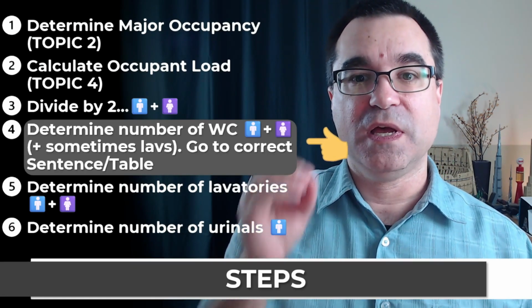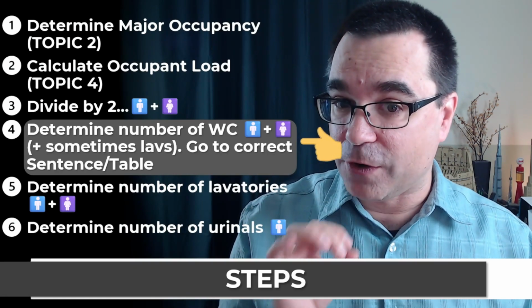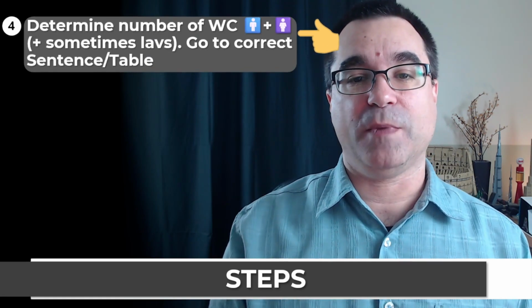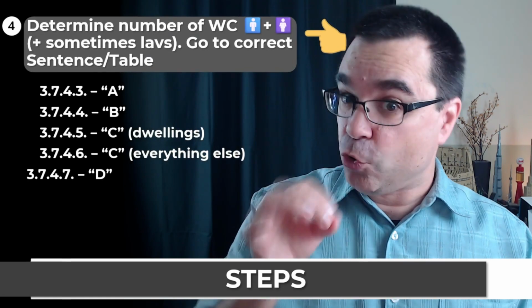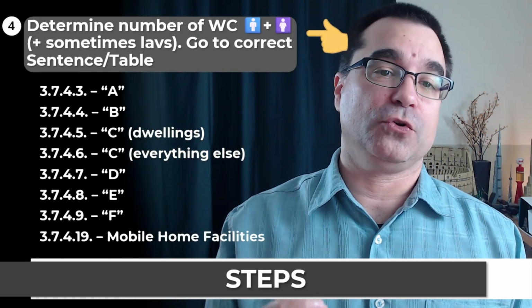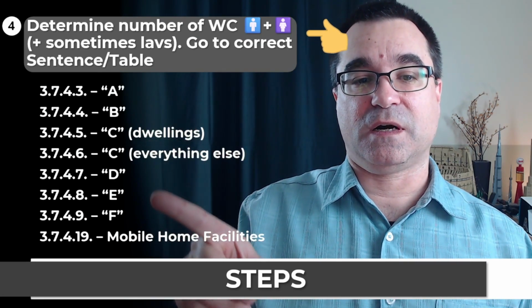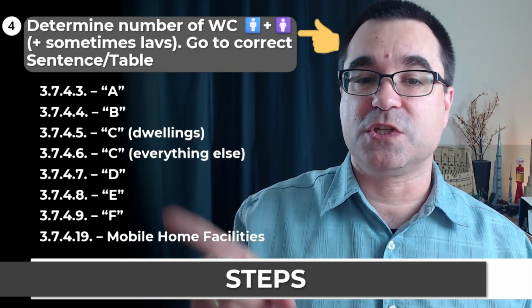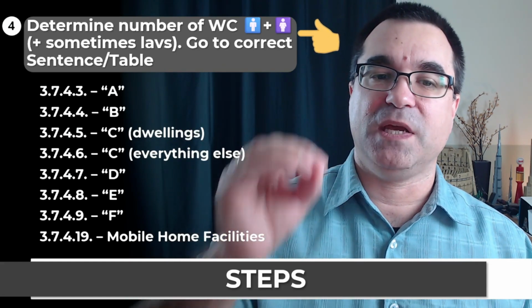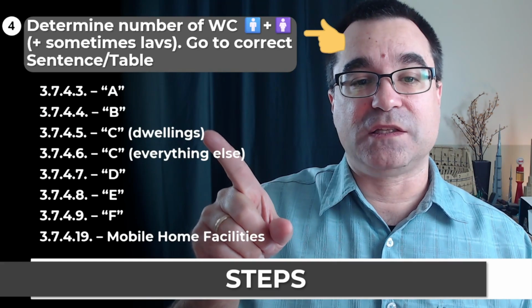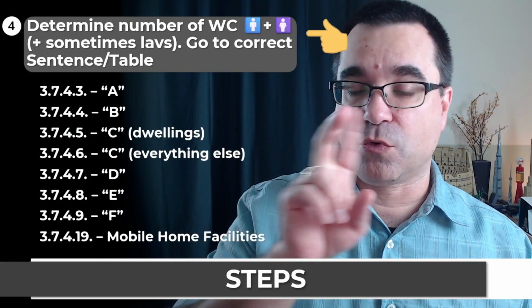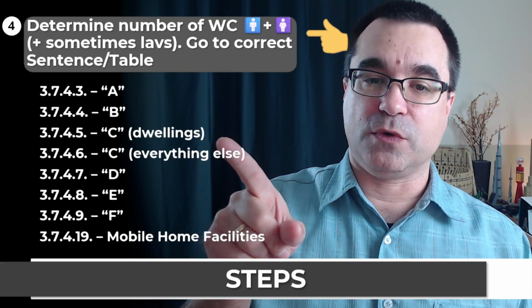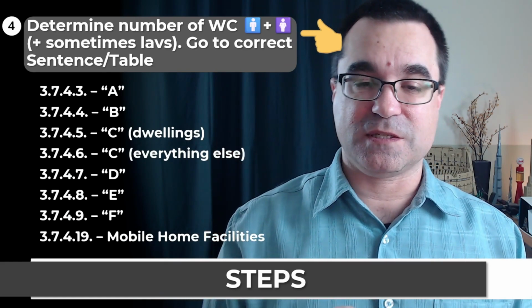Step number 4, finding the number of water closets for male and female bathrooms. Okay? According to the Ontario Building Code, under these articles right here, notice how each of these articles corresponds to a specific major occupancy. In fact, for C major occupancies, there are 2 separate articles, whether it's dwellings or everything else.